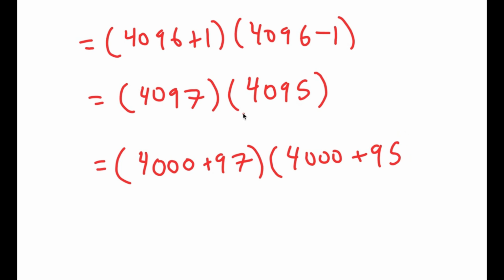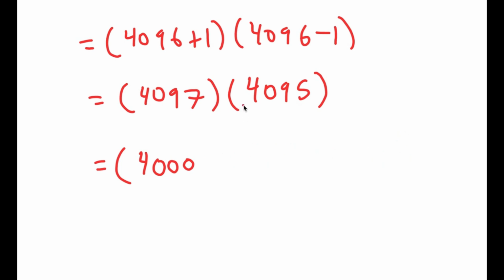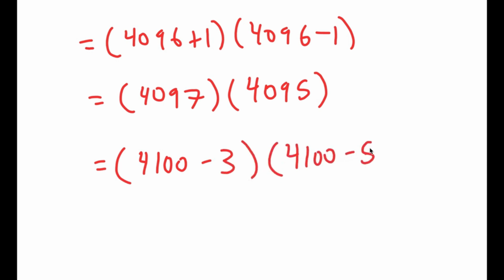Or what I can also do, which is an easier method, is to rewrite 4,097 as 4,100 minus 3 times 4,100 minus 5. This is also another way to rewrite this, this time using subtraction instead of addition. But now notice how we have 3 times 5, which is much easier to solve than 97 times 95.